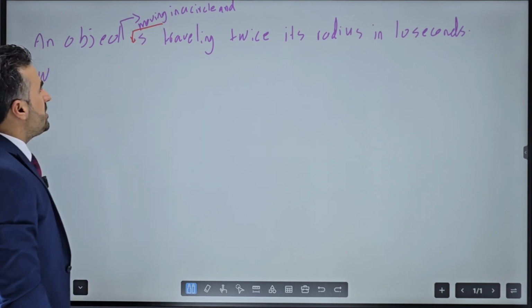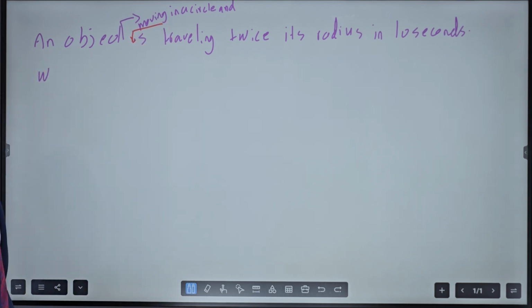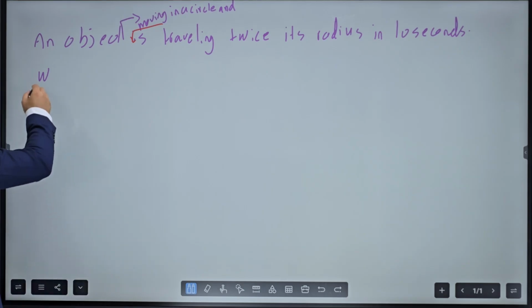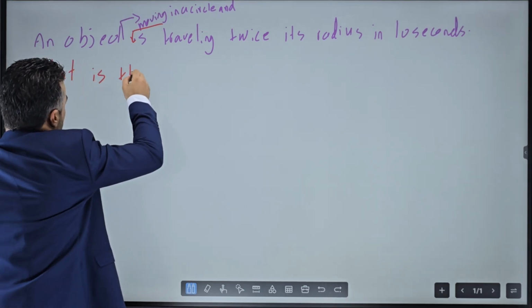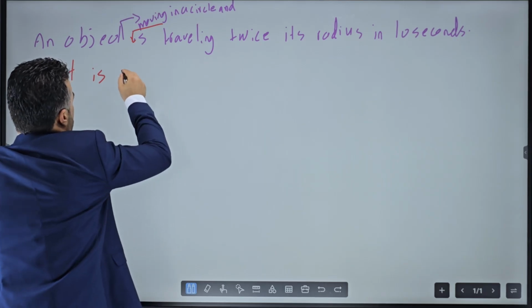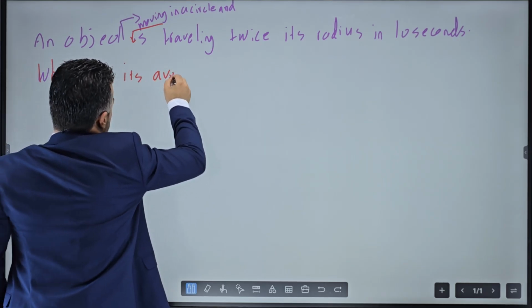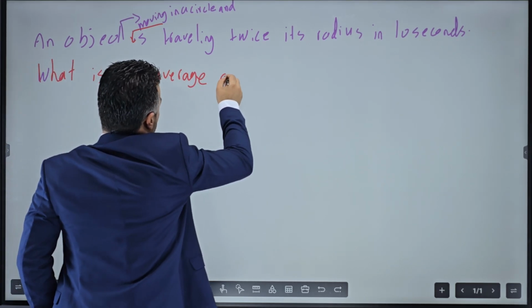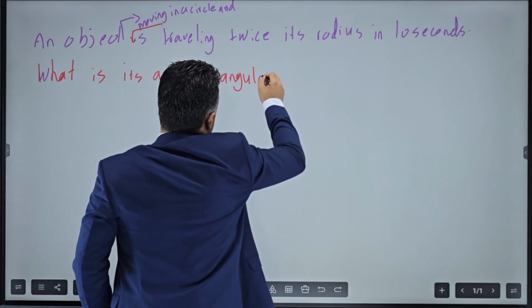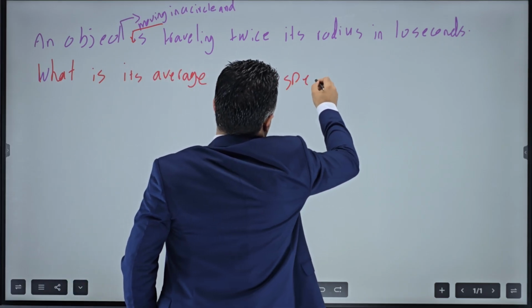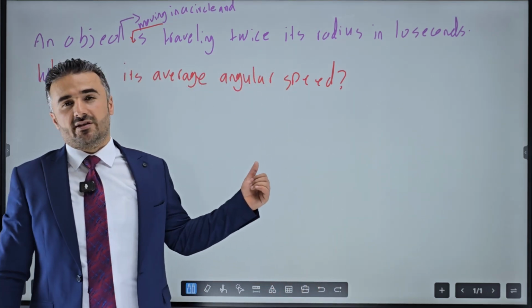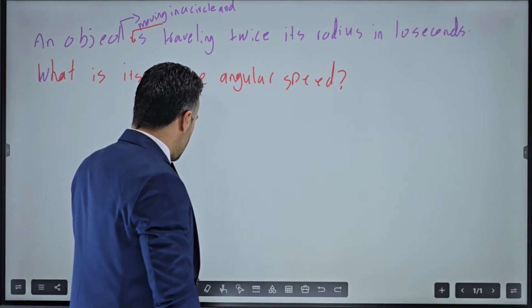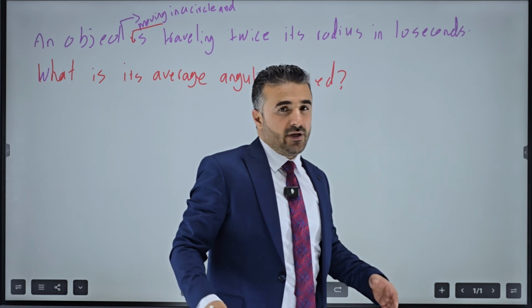Okay? And is traveling twice its radius in 10 seconds. What is its average angular speed? Okay, now pause the video and see if you can solve this question. I hope you got the answer correct.